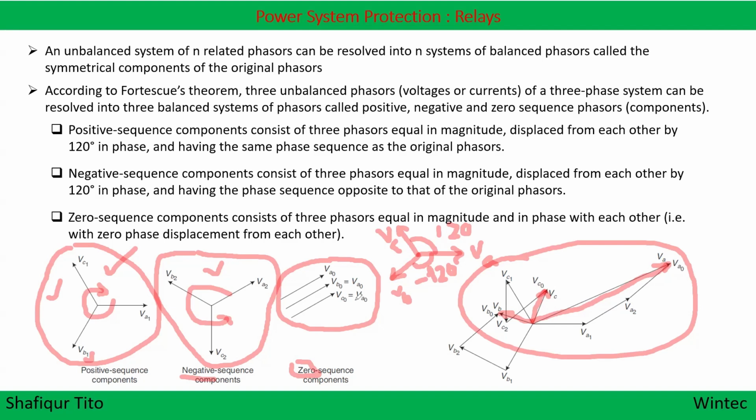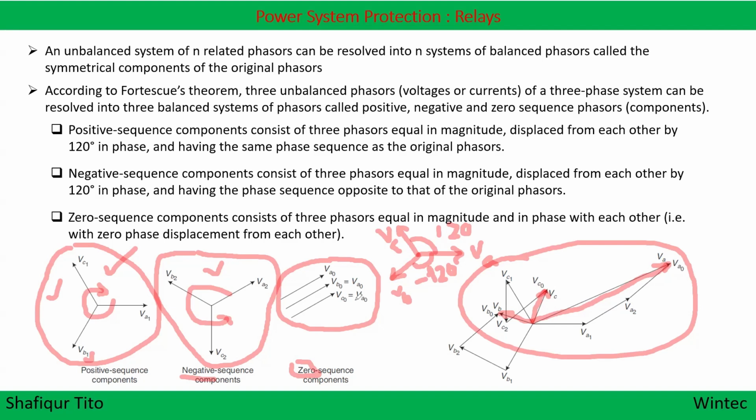Is that clear? Did I able to make it clear to you? If you just understand that if I have an unbalanced system, I can decompose it into three balanced systems, that would be great. And how we will do that, we will discuss. That is why we are here, right?